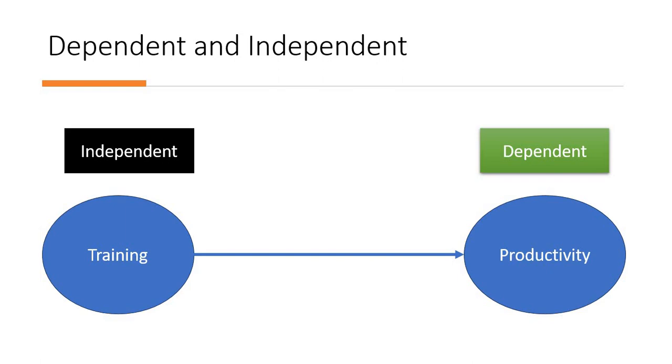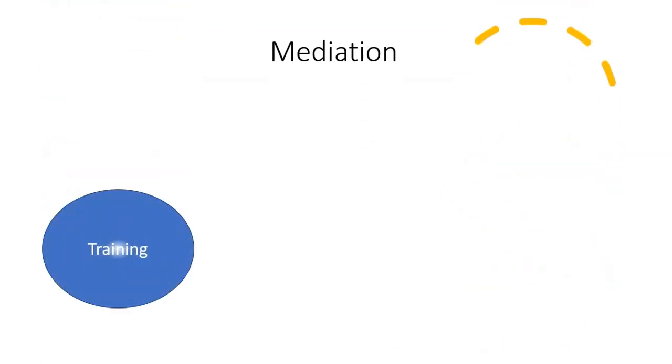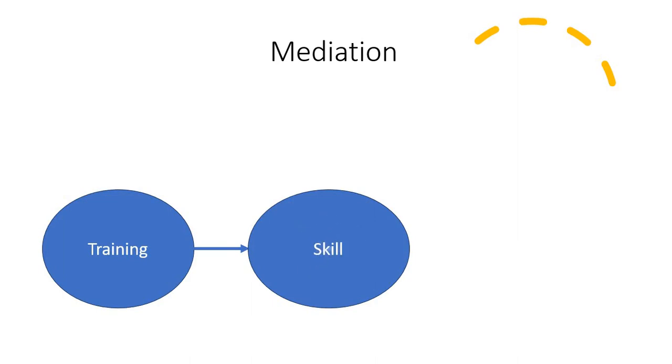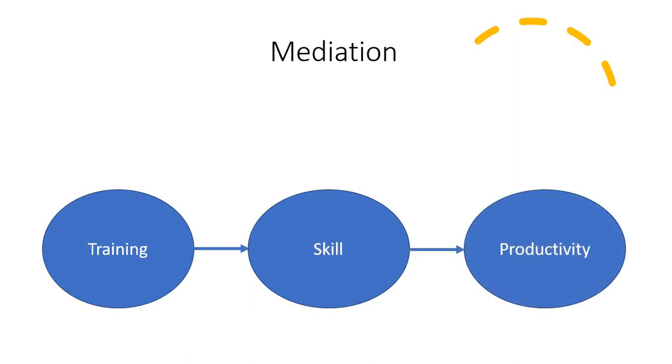Okay. But then you say, this is not the whole story. Actually, this is not what happens. The relationship between training and productivity is not direct. Actually, this is what happens. When you provide training to employees, their skill level improves, which in turn leads to productivity.